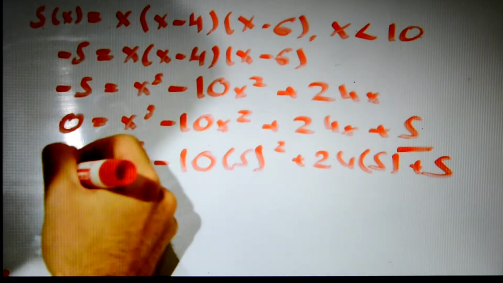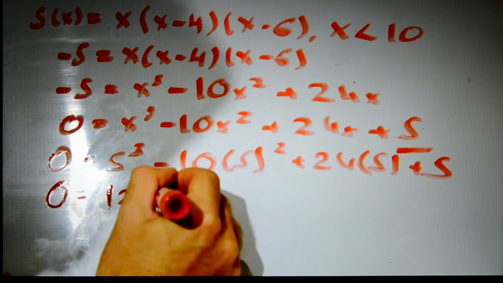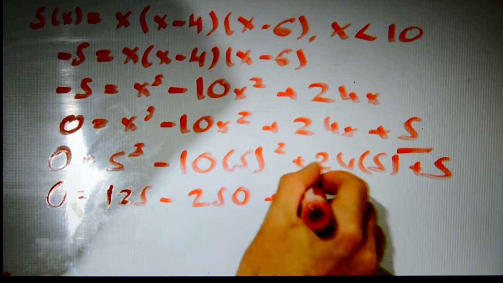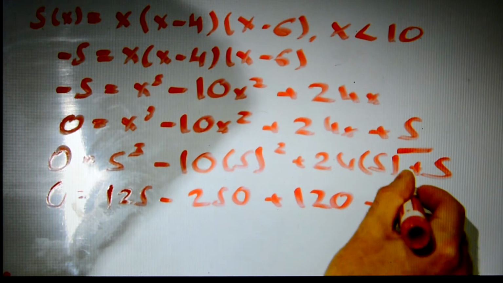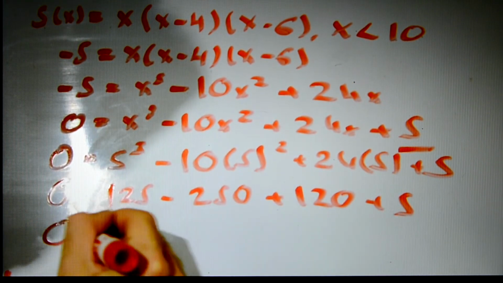After this gives us 0 equals 125 minus 250 plus 120 plus 5. And after collecting like terms, we can see that the equation does equal 0.